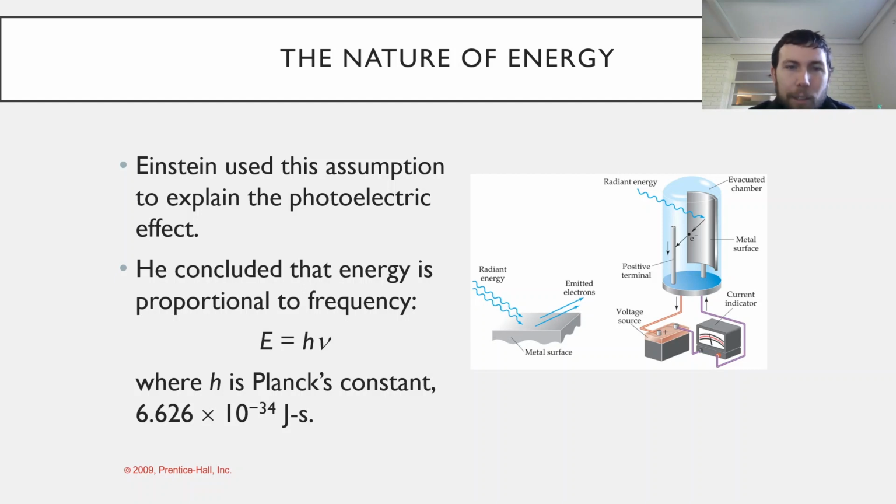So E equals h times nu, where h is Planck's constant, with a value of 6.626 times 10 to the negative 34th joule seconds, and nu is the frequency of the light you're using. Notice that when you multiply Planck's constant by the frequency, you get a unit for energy, joules, which makes sense.